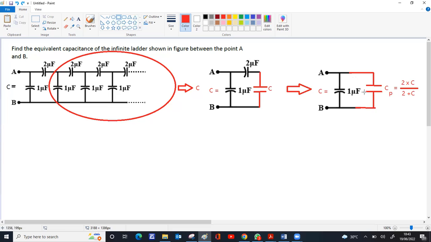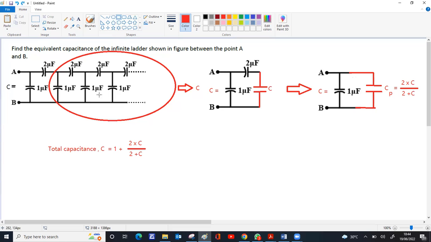So C parallel plus 1 microfarad will be equal to again C only, because we assumed total capacitance to be C. The total capacitance C will be equal to 1 parallel with C_P. C_P will be 2C by 2 plus C.